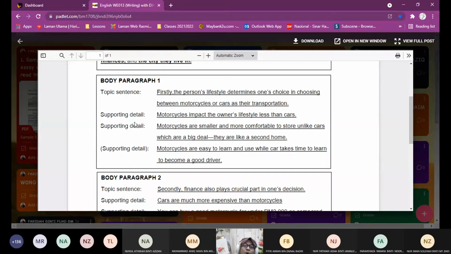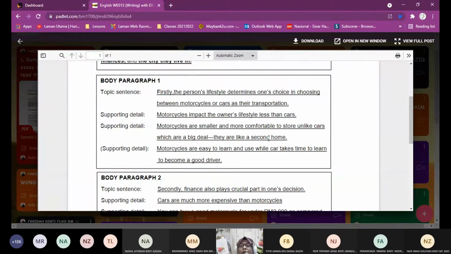So then you want to support your opinion. Supporting detail: motorcycles impact the owner's lifestyle less than cars. And what do you mean? So in the paragraph, you support your supporting detail with an example. Another supporting detail in the same paragraph: you say that motorcycles are smaller and more comfortable, unlike cars.